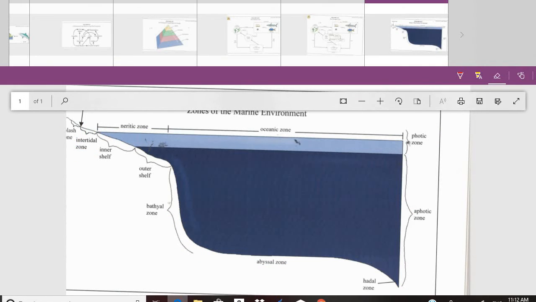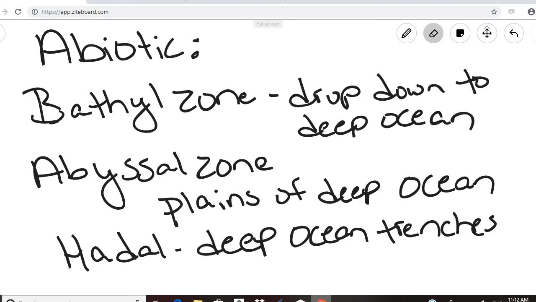Okay, and then just a few other terms that we need to be aware of with regard to marine life. So the term benthic is used to refer to those things that live on the ocean floor.